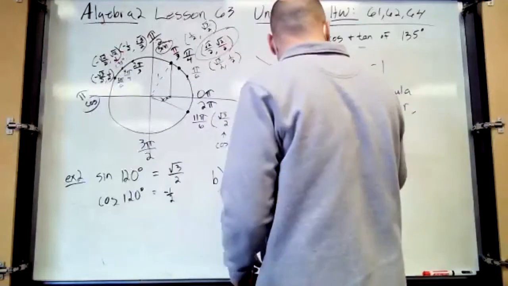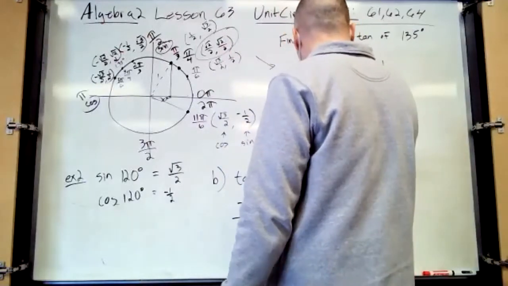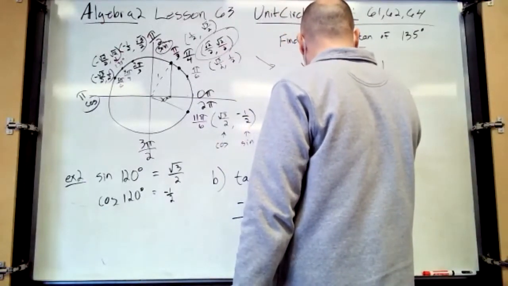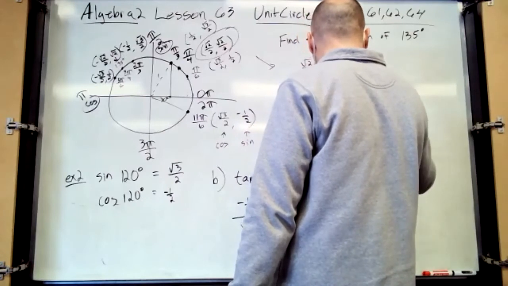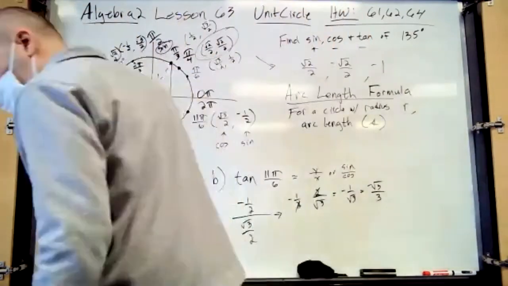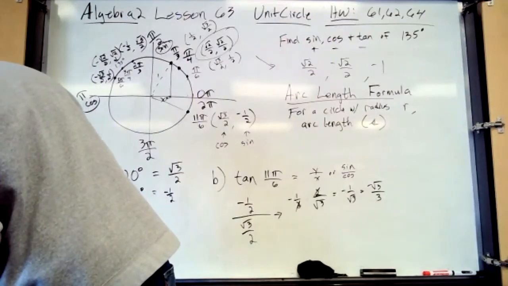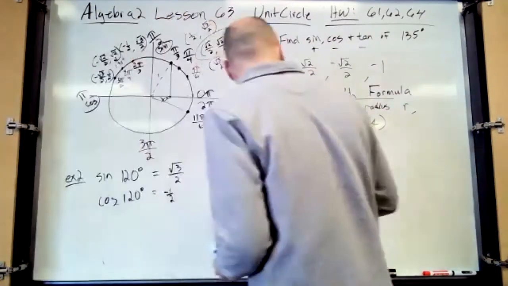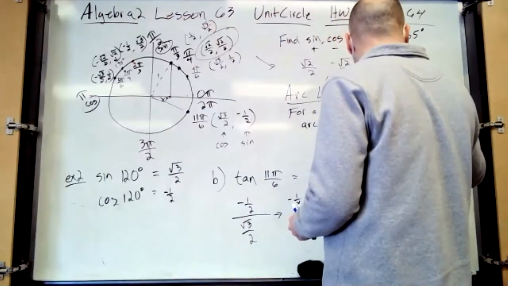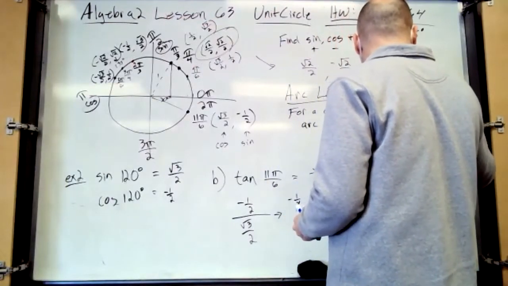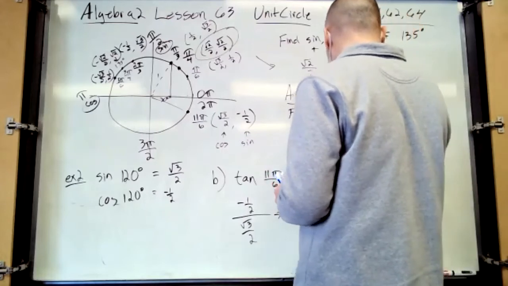So the arc length, and I'm going to say s, which I don't like that variable, so I use a cursive s so it doesn't look like a 5, intercepted by central angle theta, so it has an arc measure of theta.